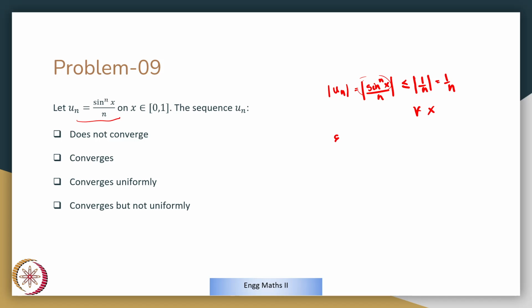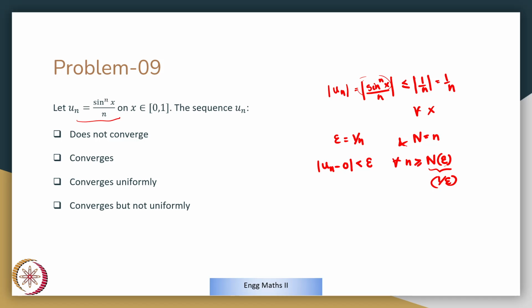So we assume epsilon to be equal to 1 by n, and let capital N equal n. What this tells us is that the modulus of un minus 0 is less than epsilon for all n greater than or equal to N of epsilon, which is nothing but 1 by epsilon.